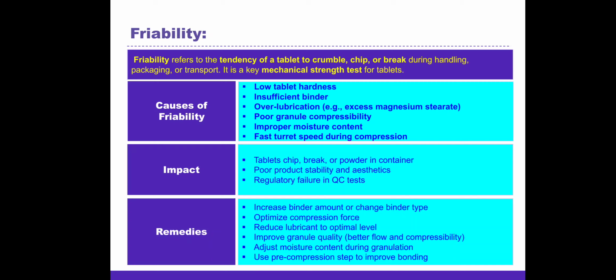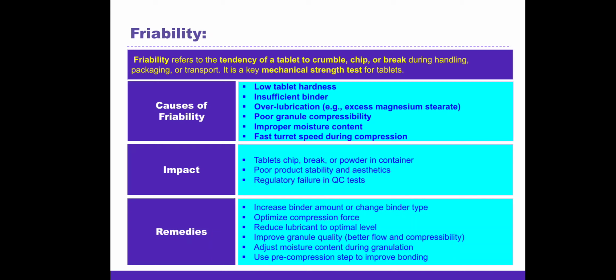This particular remedy is also related to the process, so we have to see the trend of the moisture content. We will get this data from product quality review, and from that data we have to decide which moisture content range is suitable for our product. It should be within the BMR limit.